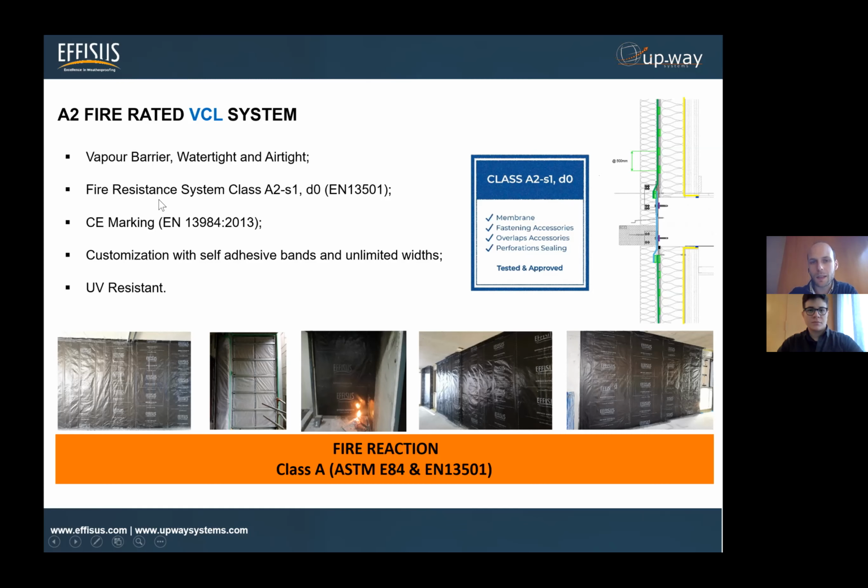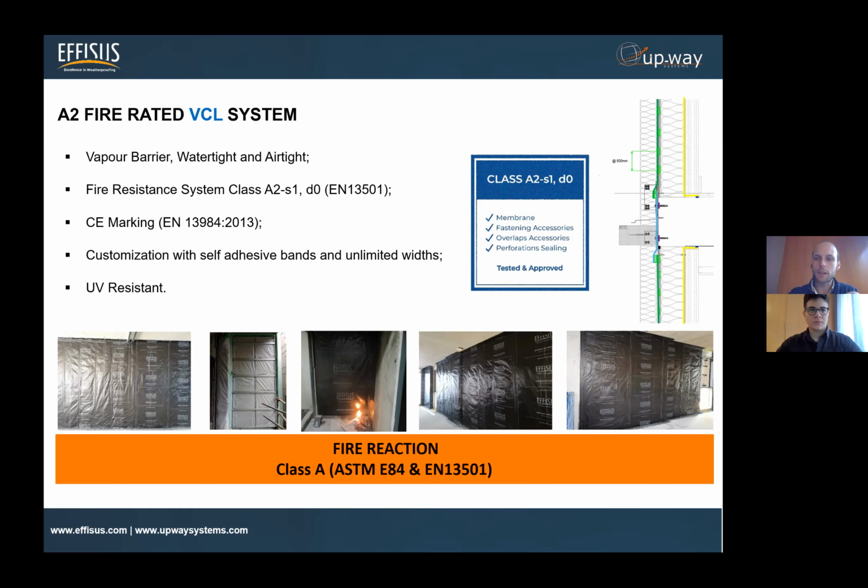In this case, regarding EN 13501, we'll be achieving A2S1D0, and a very important thing to highlight here is that this classification was achieved not only for the membrane standing alone, but also including these fastening accessories, overlapping accessories, and perforation accessories, which means that the full system is certified, not only one single membrane.